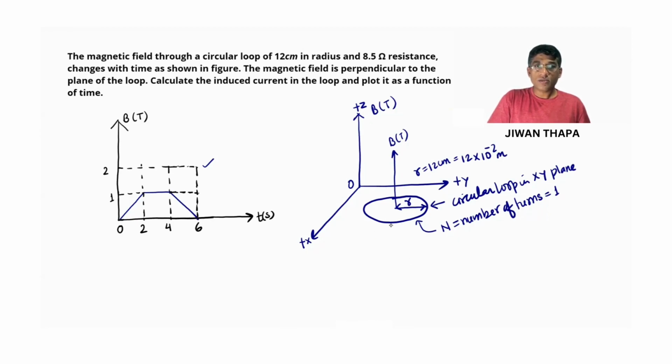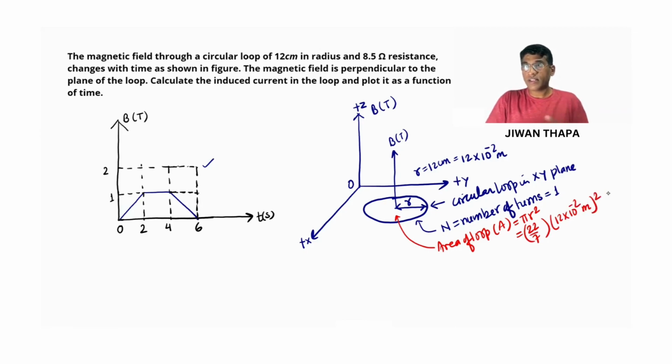Area of loop A equals pi r squared. So let us find it.